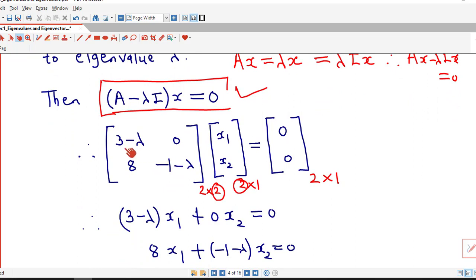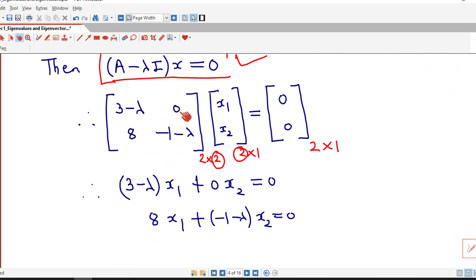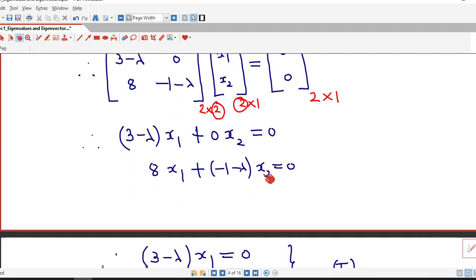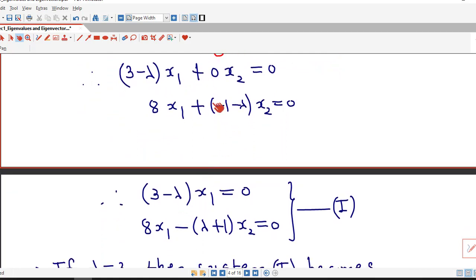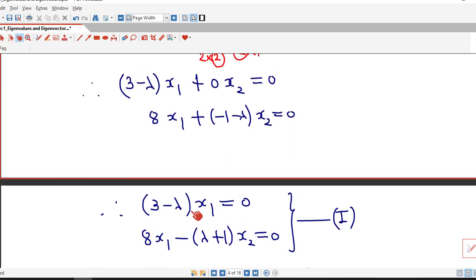If we multiply these two matrices, we get 3 minus lambda into x1 plus 0 into x2 equal to 0, and 8 into x1 plus minus 1 minus lambda into x2 equal to 0. We can rewrite this, taking the negative sign outside. So this is the system corresponding to eigenvalue lambda, where x1 and x2 are the elements of eigenvector x.